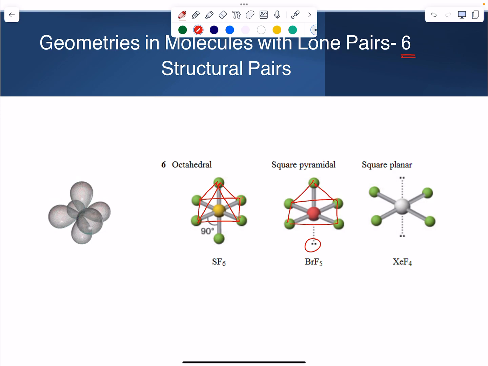Because we've lost the bottom pyramid, and we just have the top pyramid. So for this one, we've got the two pyramids, right? That's very bad art on my part, but all right. And then when we have a second lone pair, we just get square planar geometry, okay?